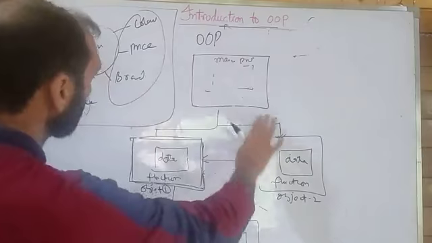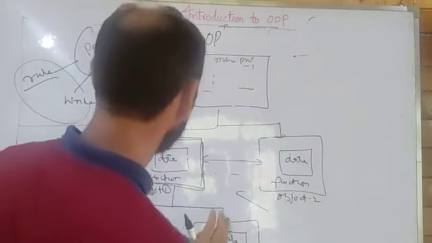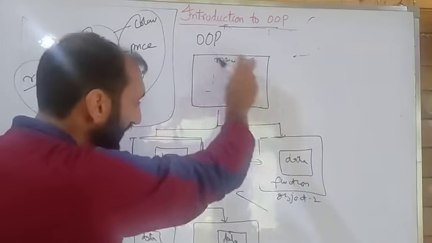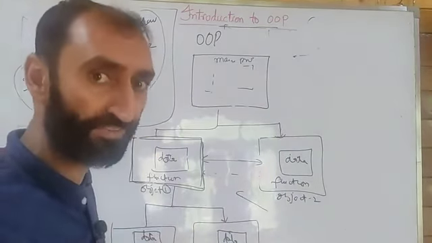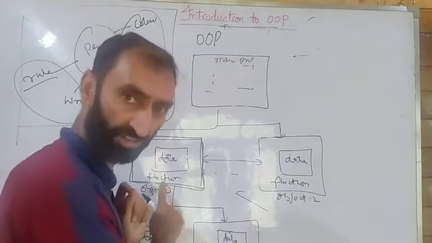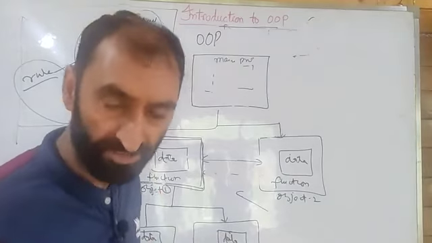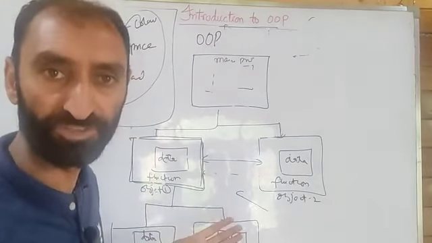So in object oriented programming, the data does not move freely in the system. That means the first preference, or importance, is given to the data rather than to the functions, procedures, code or algorithms.